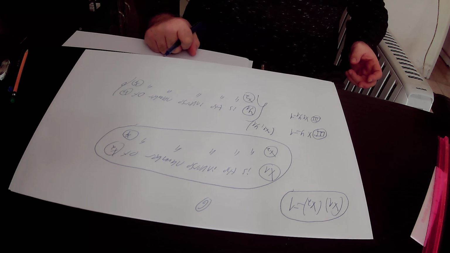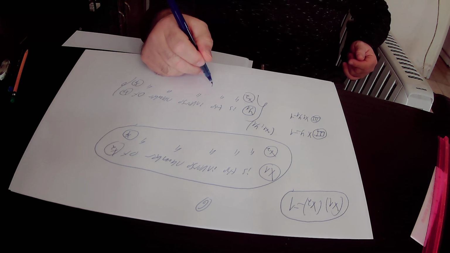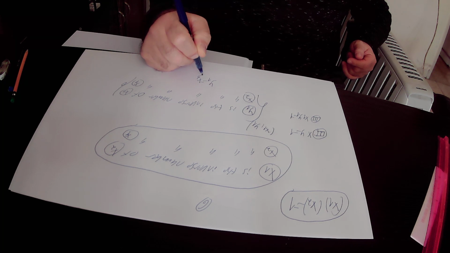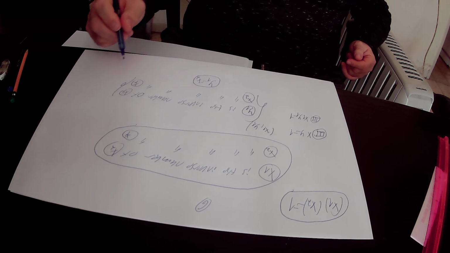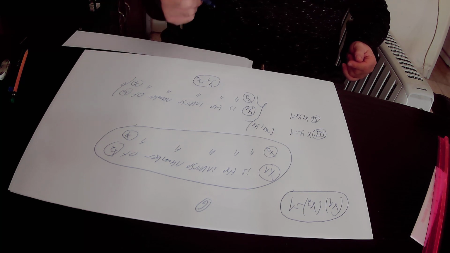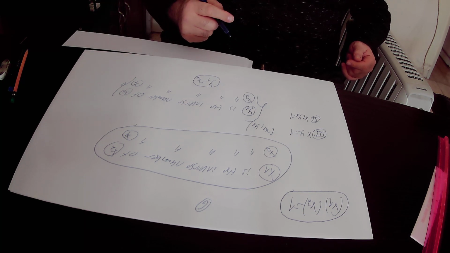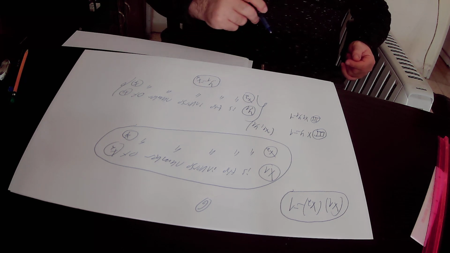That is to say, x1 has only one inverse number. Therefore, we conclude from it that y1 must be equal to x2.